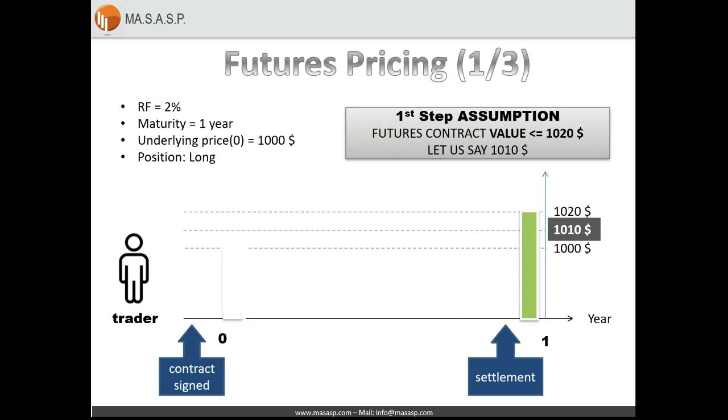Good. On the other hand, the future contract has to be settled, and the trader pays its price, which was assumed to be $1,010.